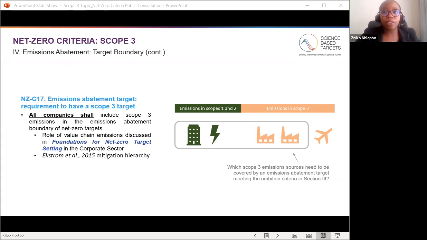The importance of including value chain emissions is described in our Foundations for Net Zero Target Setting paper that we released in the past year. It's also consistent with the mitigation hierarchy that's been shared by Ekstrom et al. 2015, whereby companies are required to reduce their emissions before engaging in neutralization activities.